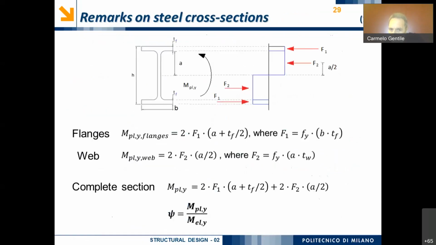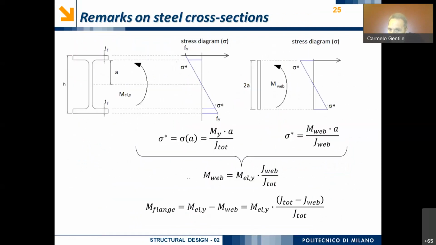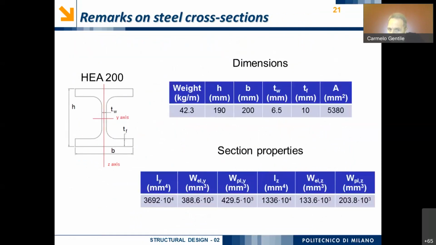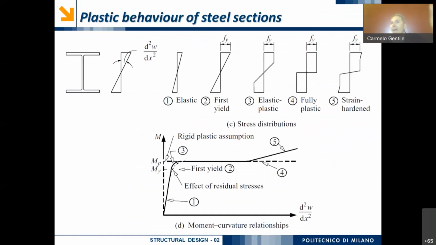I would like to go back to this slide because this slide clarifies what is meant by the standard code, okay? Because basically, if we refer to the moment-curvature relationships, what do we observe?